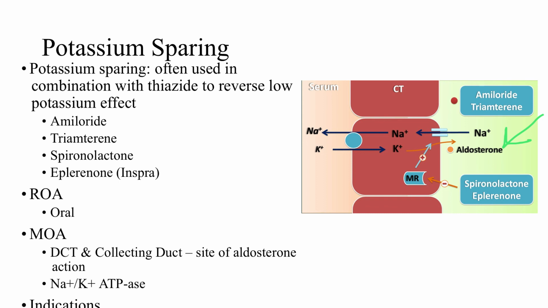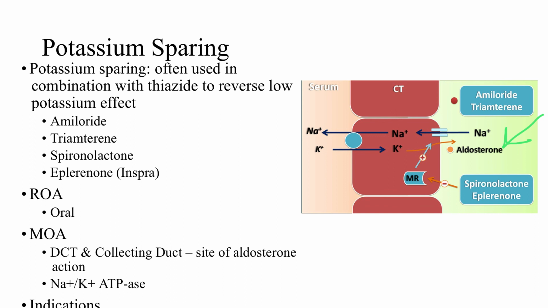We end up excreting the sodium and then keeping the potassium, which means patients should keep an eye on any extra potassium that they're taking in, and definitely not supplement potassium because they're probably going to have just enough. Amiloride, triamterene, spironolactone, and eplerenone, also sold as Inspra, are all types of potassium-sparing diuretics.